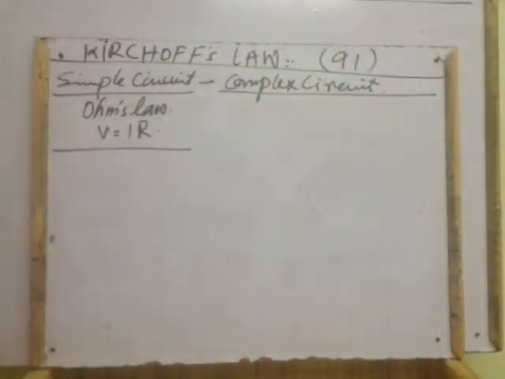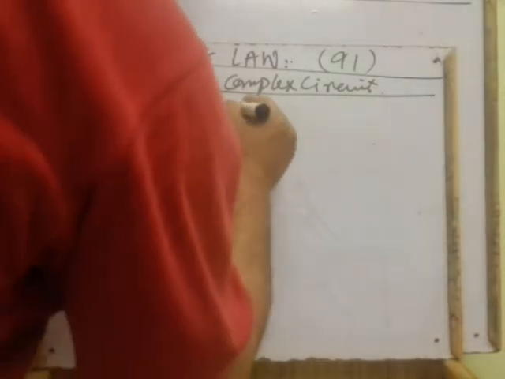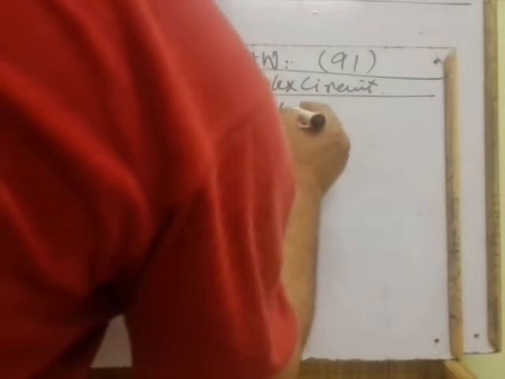But sometimes we encounter circuits where there is more than one source of energy, say for example 2, 3, 4, 5, 6 sources, and more than one sink of energy. So that becomes a complex circuit. For complex circuits we can use Kirchhoff's laws.